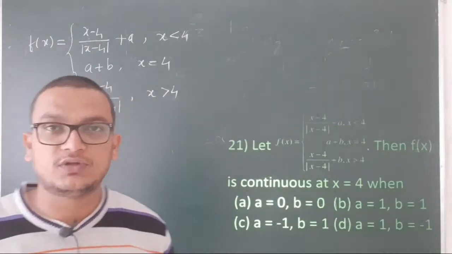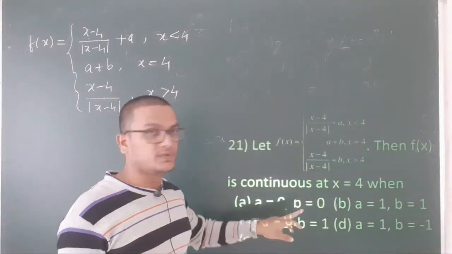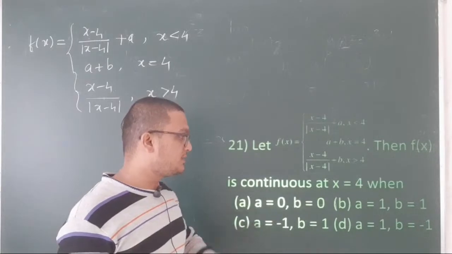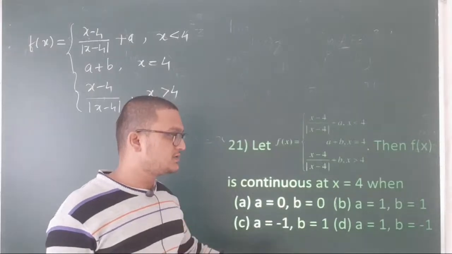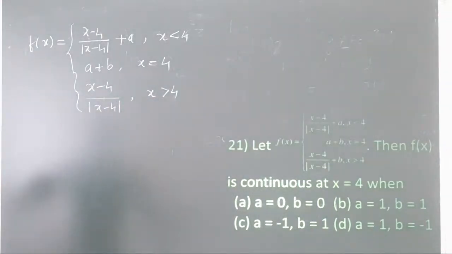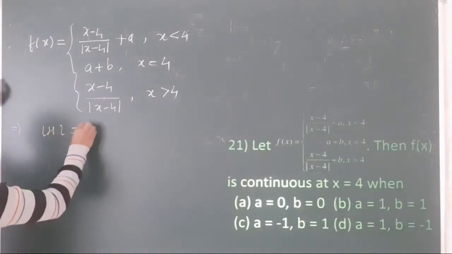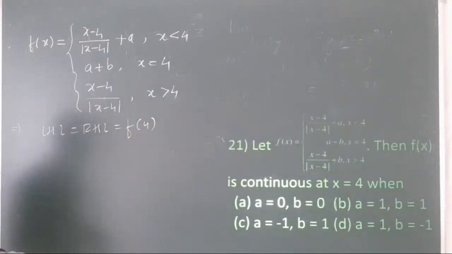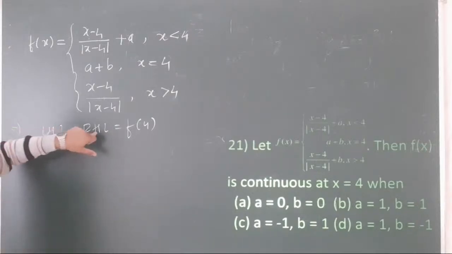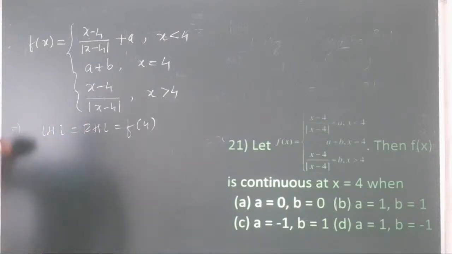The options are a is equal to 0, b is equal to 0; a is equal to 1, b is equal to 1; a is equal to minus 1, b is equal to 1; a is equal to 1, b is equal to minus 1. So already this function is continuous at x is equal to 4. Then the definition is what? LHL is equal to RHL is equal to f of 4.